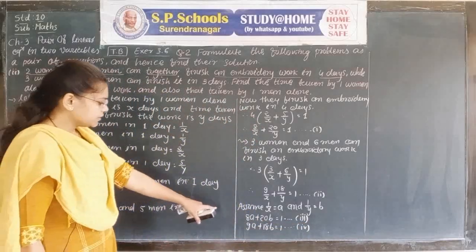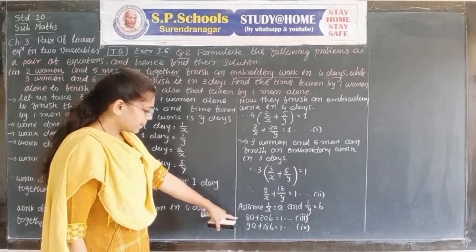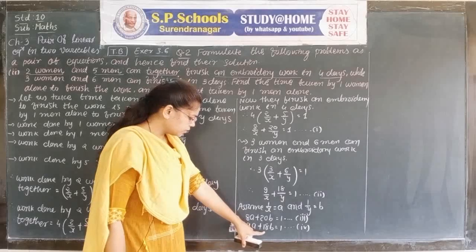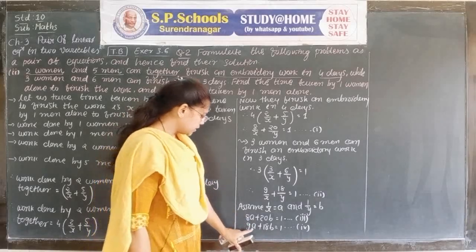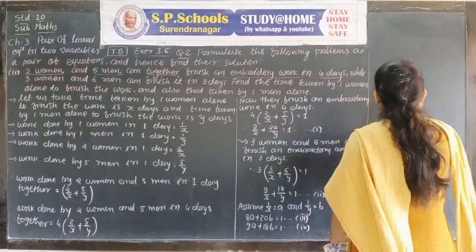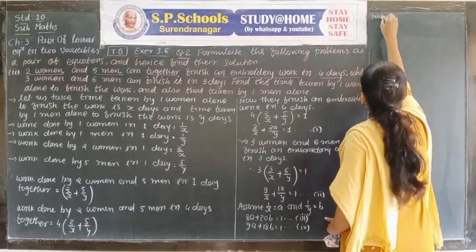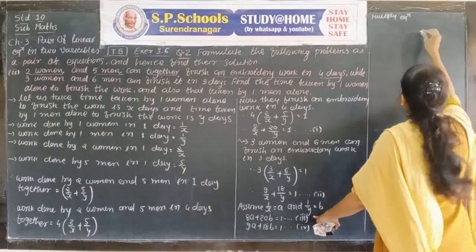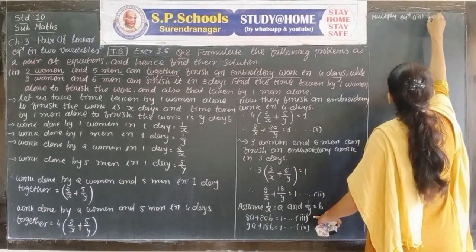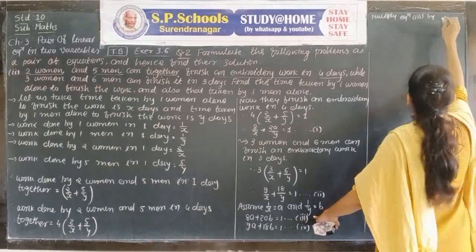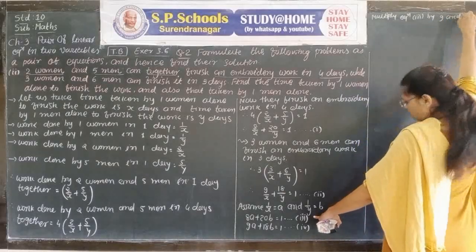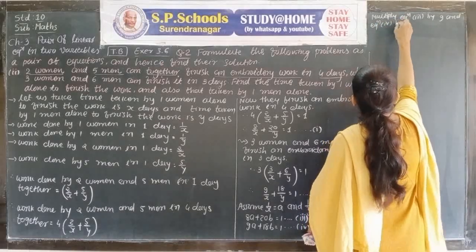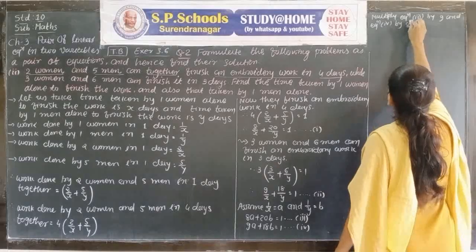Now we multiply these equations. You have to make the coefficients of b numerically equal, or of a numerically equal. We go for a, that's why we multiply equation 3 by 9 and equation 4 by 8.